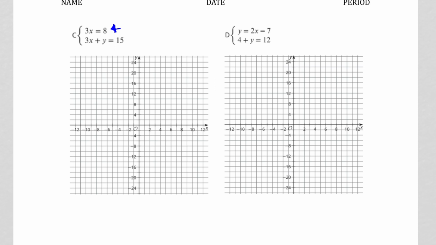That tells me automatically that my line is either going to be vertical or horizontal. It's not going to have a slope. So what do I need to do to the equation to make it to where I can graph this line?